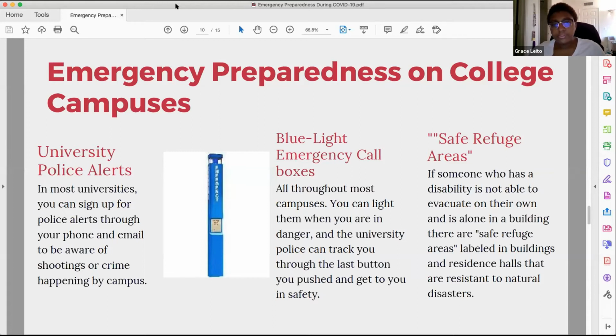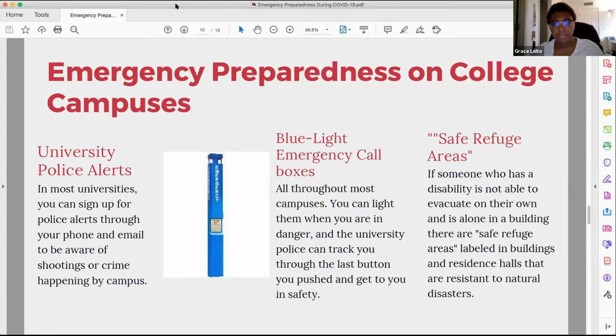So all throughout most campuses, you can light them when you are in danger, and the university police can track you through the last button you pushed and get to you and get you to safety. So a lot of the times what happens when someone feels like they're being followed or in a dangerous or threatening situation, they'll just walk or run and try to get away from the situation and push the closest emergency call box to them.